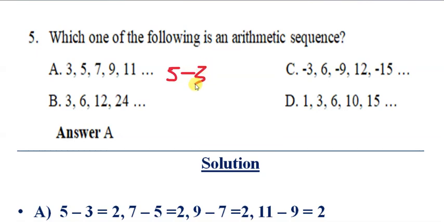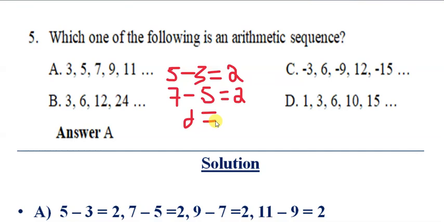Similarly the difference between 7 and 5 is also 2, the difference between 9 and 7 is also 2, and the difference between 11 and 9 is also 2. Therefore our common difference d is equal to 2.